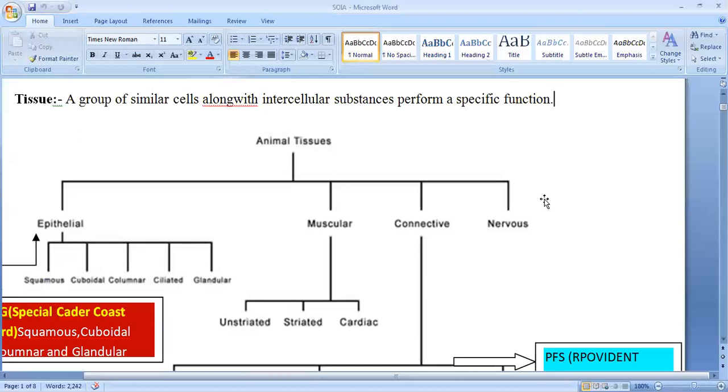Meristematic tissue cells have dividing ability, while permanent tissue has lost its division ability. Meristematic tissue is of three types: apical meristem, lateral meristem, and intercalary meristem.